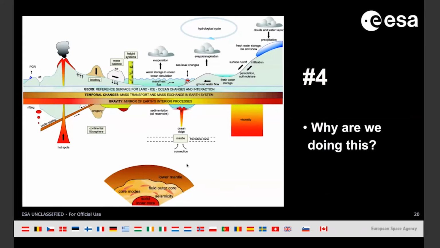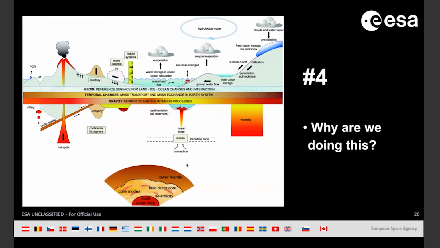But perhaps even as important as that is that we need a good physical reference surface for all of the processes that occur on the surface of the planet. So everything that is linked to land, ice, ocean, atmosphere needs a real physical reference and not a geometrical one that is measured with a ruler, and basically requires gravity field information.